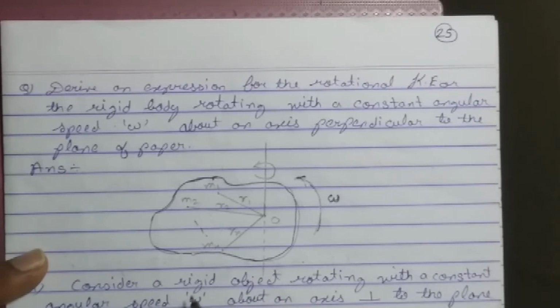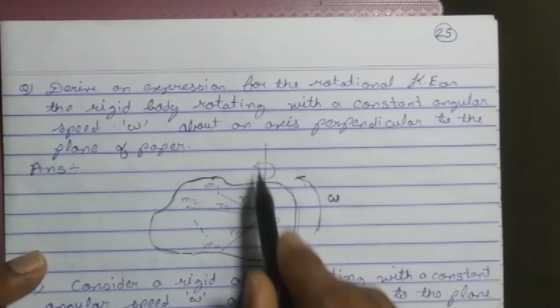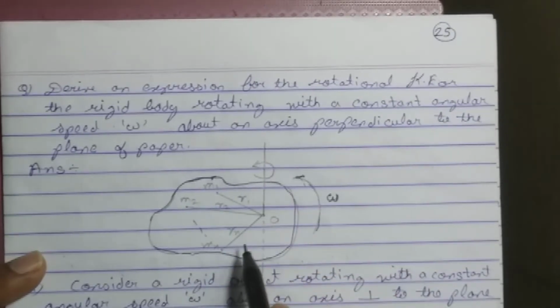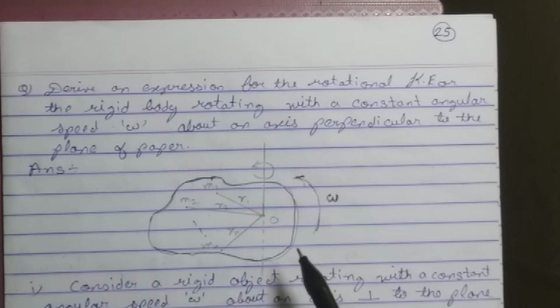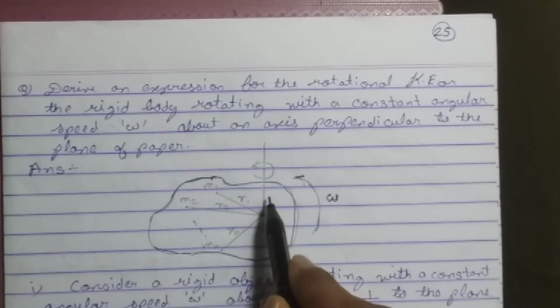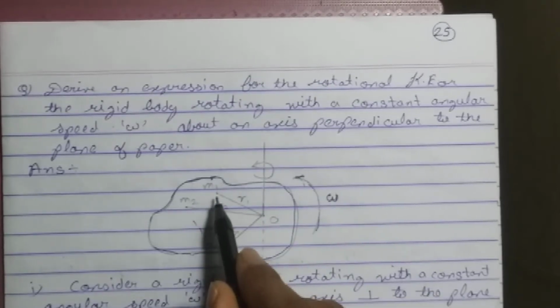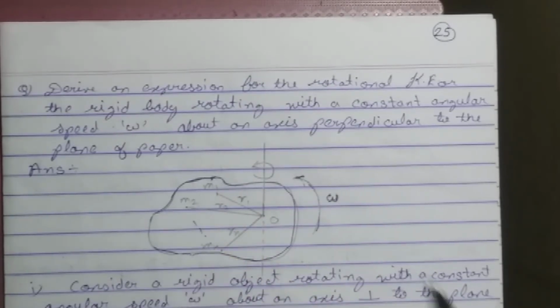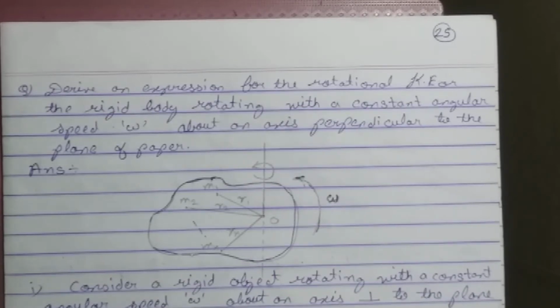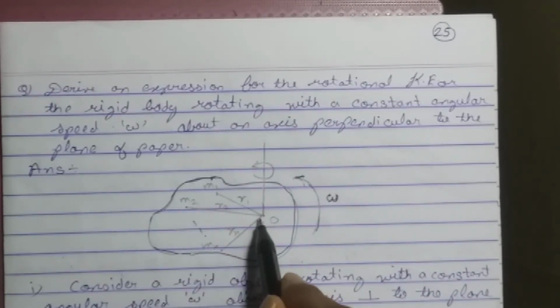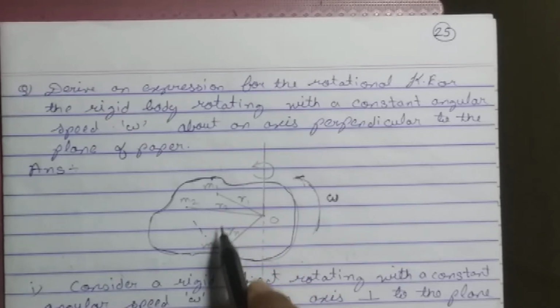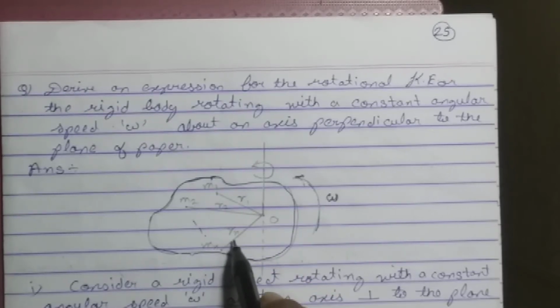Students, so now I am going to consider a rigid body rotating with a constant angular velocity omega about its axis passing through the point O. As I told you, this body consists of n number of particles with masses m1, m2 up to mn, and the distances of those particles from the axis of rotation are r1, r2 up to rn respectively.